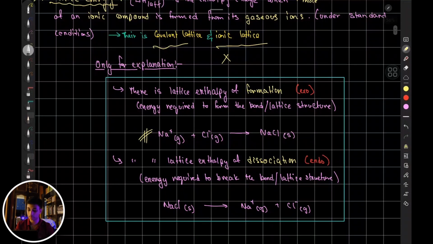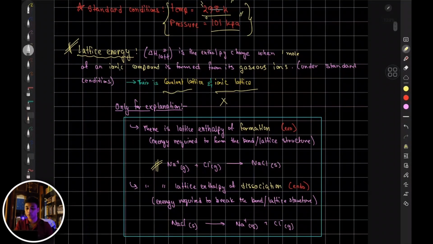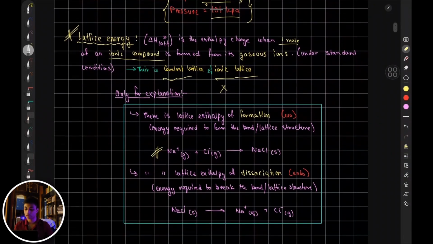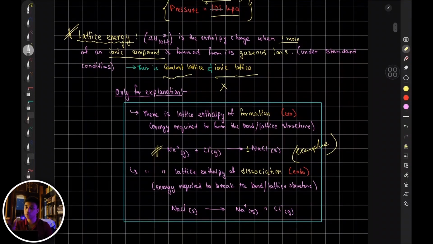The main idea is, let's take this example. What are we trying to form? We are forming an ionic compound. How many moles? 1 mole of ionic compound. So we are forming 1 mole of NaCl, which is an ionic compound. And for doing so, what should our reactants be?